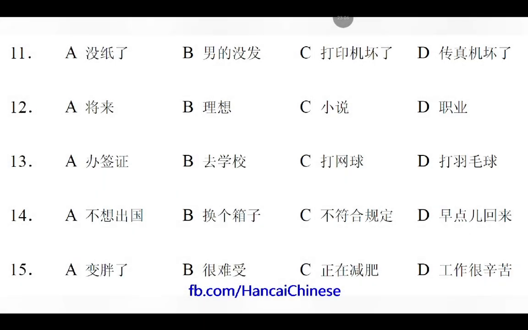14. First, what do you need to do? We have to read all of these options carefully. The first one, 出国. 不想 means not, and this is a verb, so you have to be careful about this. 换 means change something. 箱 means suitcase.